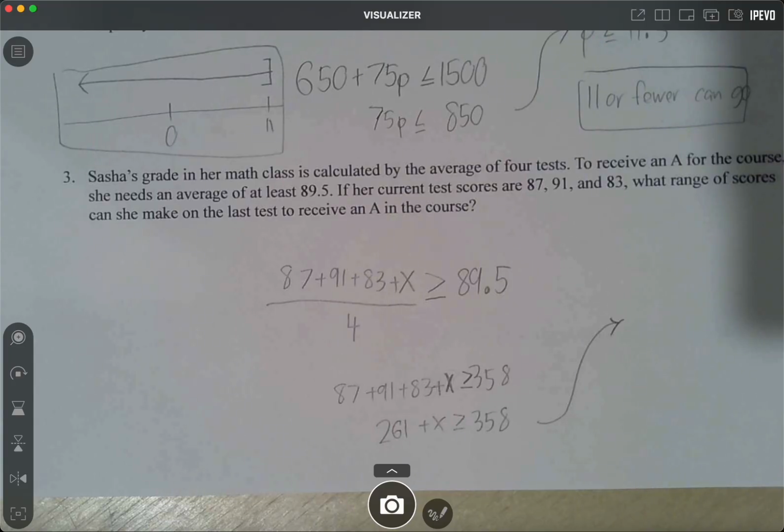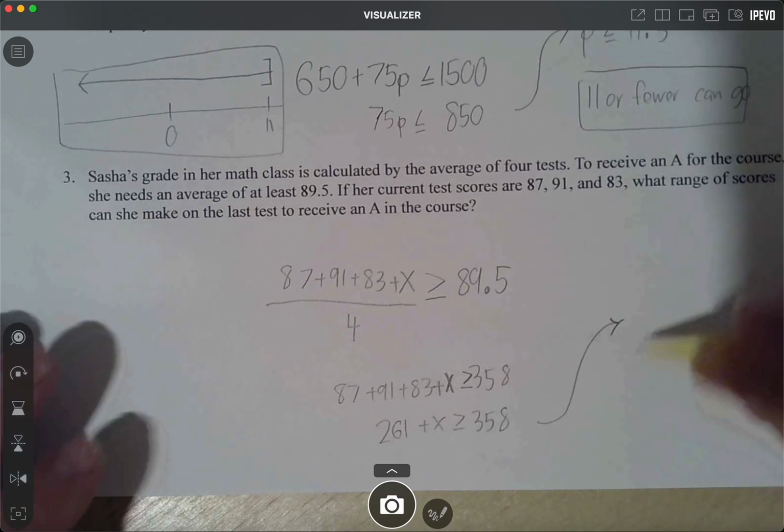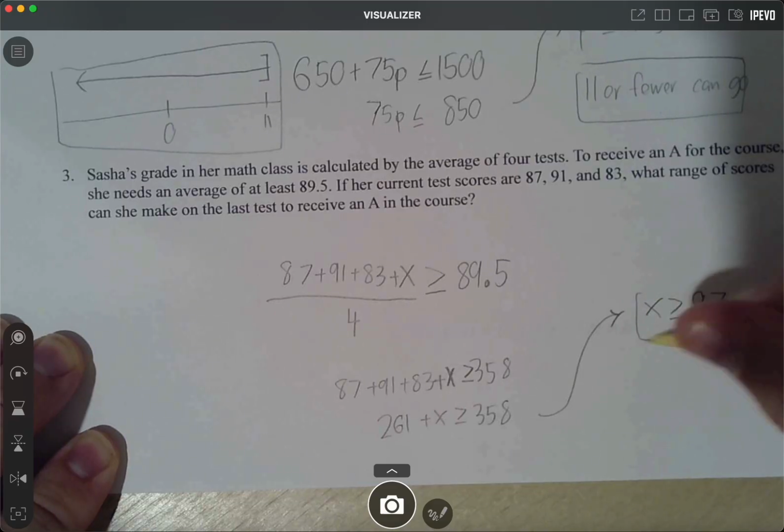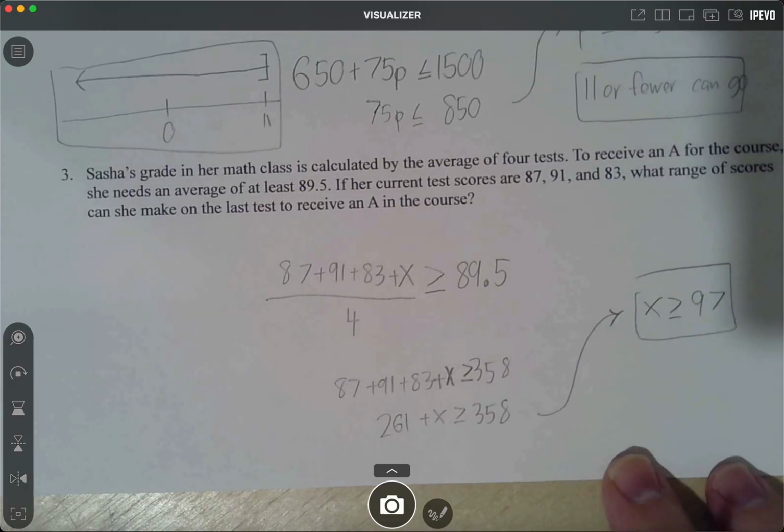So 261, subtracted from 358 is a 97. Alright, so that's a pretty high bar for a final exam, but if that student gets a 97 or above, they'll still have an 89.5 for their final grade. That gets us through 2.3, so we'll stop this video and start another one for the next few sections.